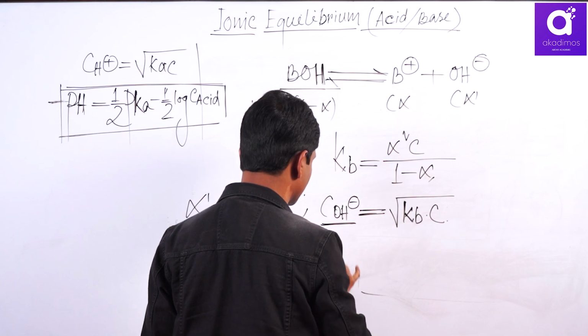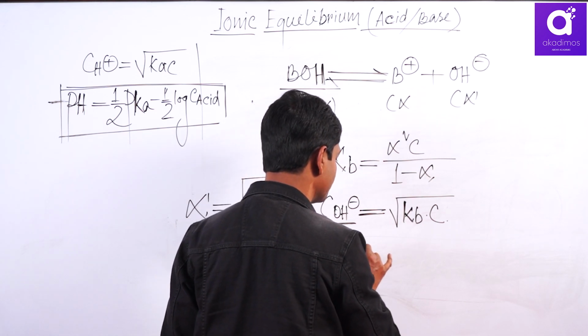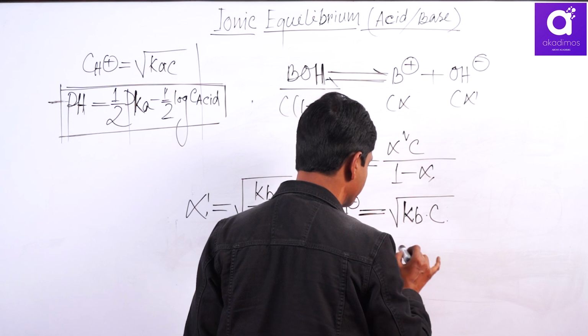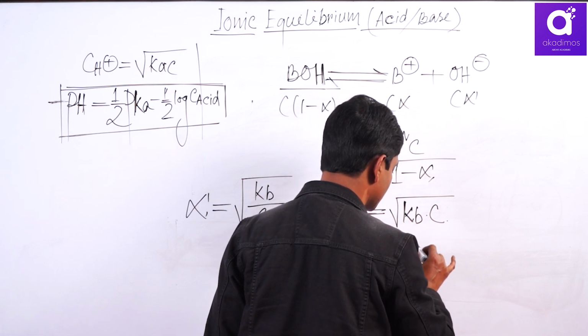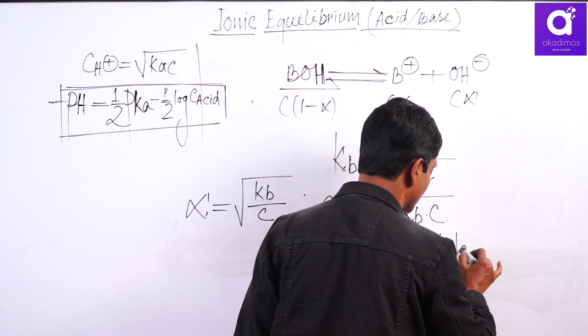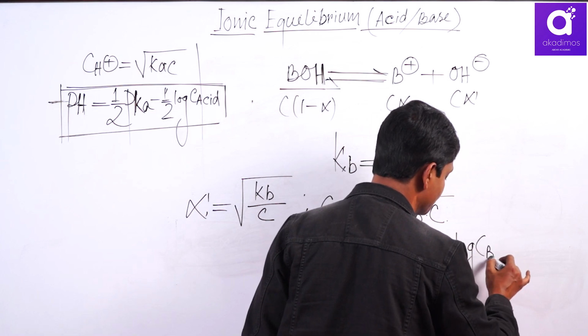If you take minus log on both sides, you will get pOH equal to half pKb minus half log of the concentration of base.